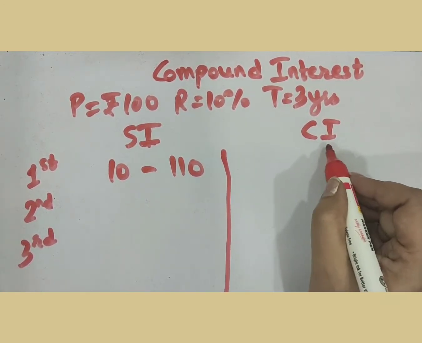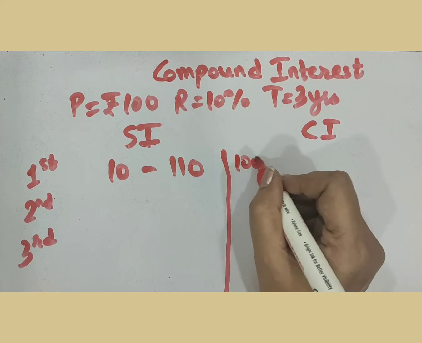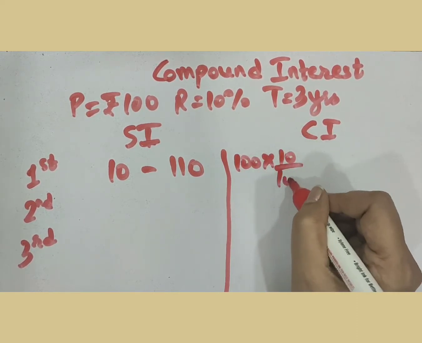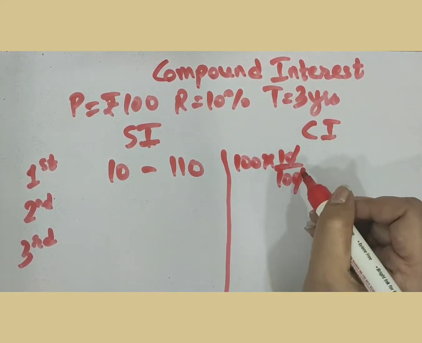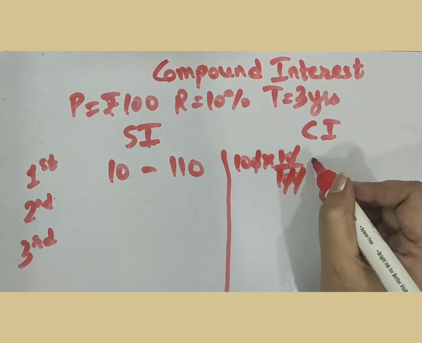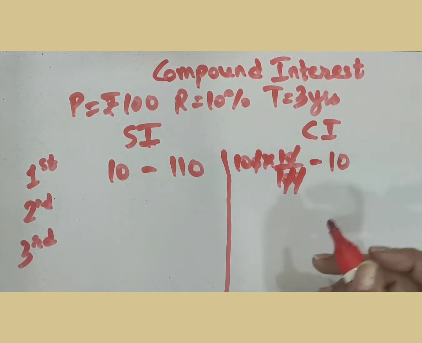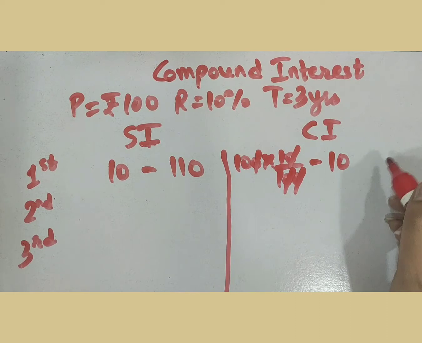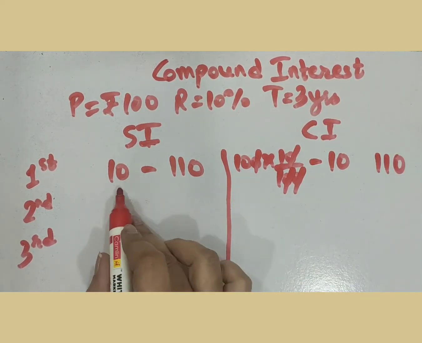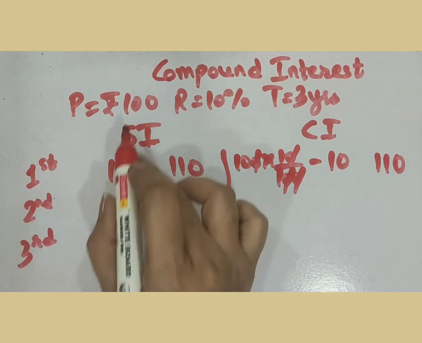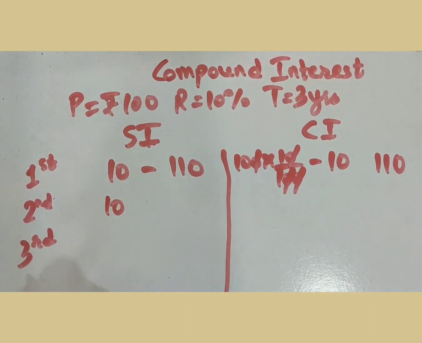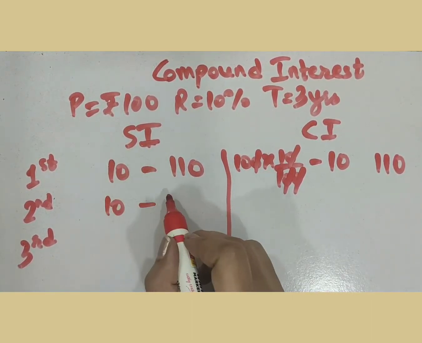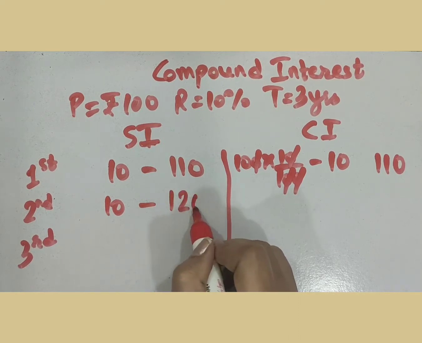Similarly, for compound interest, it will be principal into rate, the zeros cancel, so it will give me interest of 10 rupees, and then if I add, my amount will be 110. Now for simple interest, for the second year, my principal will be the same, so interest will again be 10 and the amount will be 120.